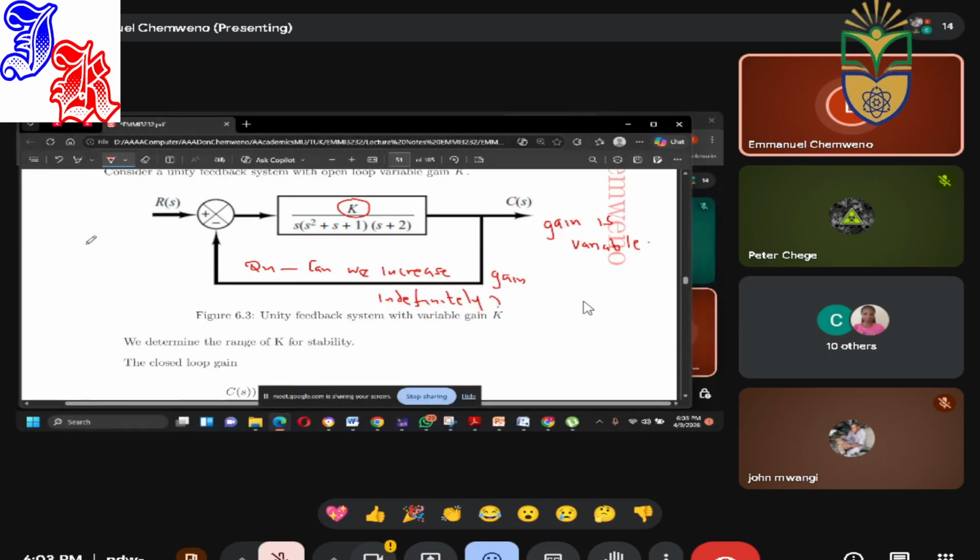This could be a system whose transfer function is 1 over this polynomial. And now we have what we know as a proportional controller, K. So K is a controller, a proportional controller.